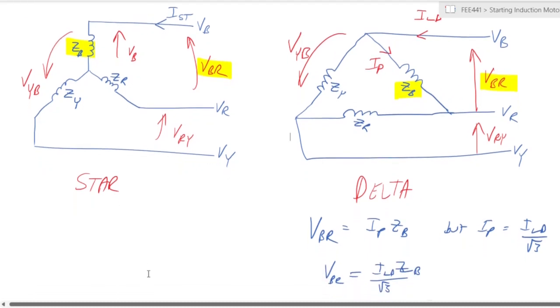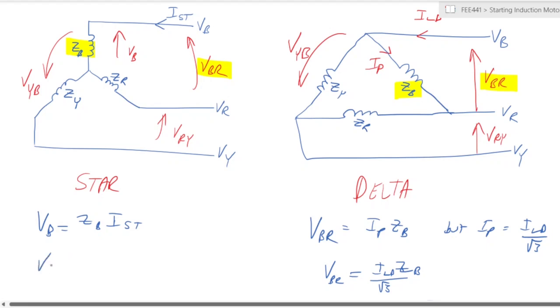So if we look at our VBR here for the star configuration, VBR is different from VB. So the current that is being applied to ZB is such that VB is equal to ZB times I. In this case, it is the star current IST that is flowing due to the star configuration and the voltage applied to it.